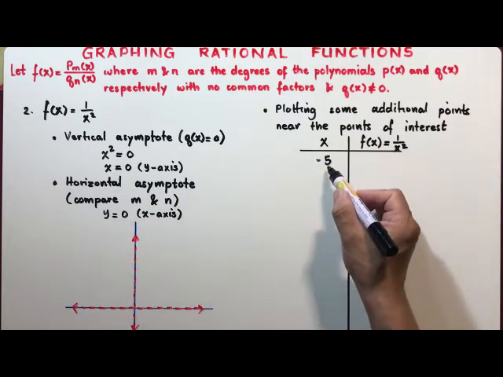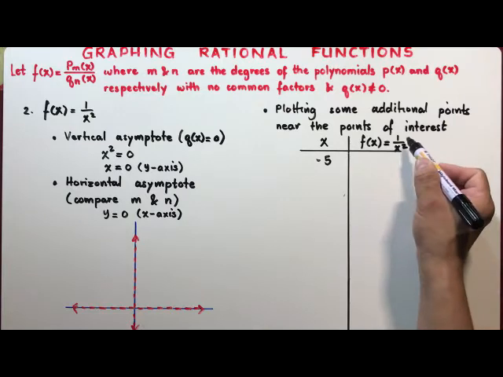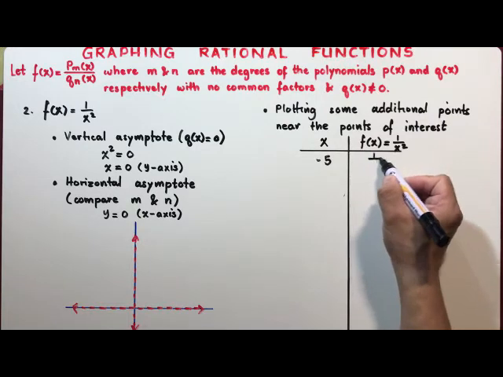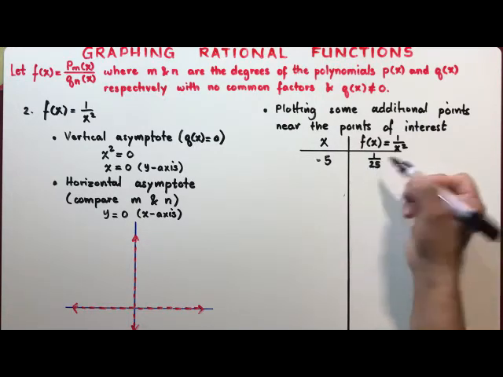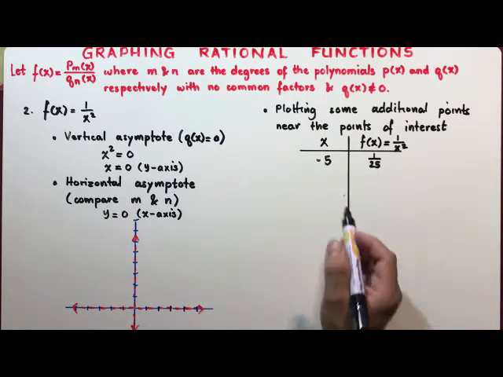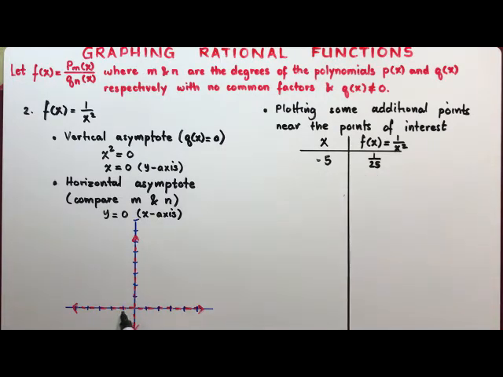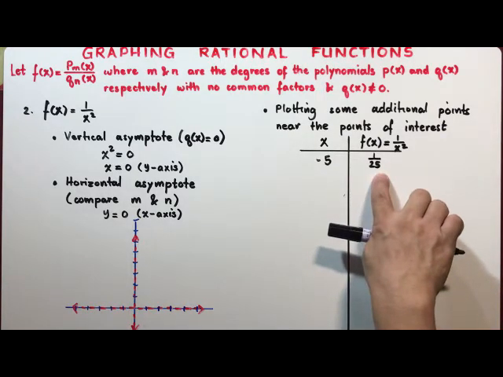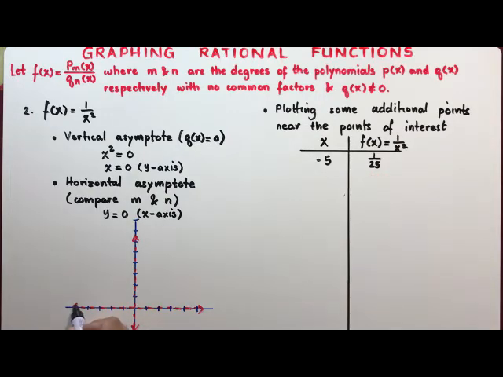If you substitute negative 5 here, that is 1 over the negative 5 quantity squared, and that is 1 over 25. So if you plot this point here at x equals negative 5, our y is almost touching the x-axis here.